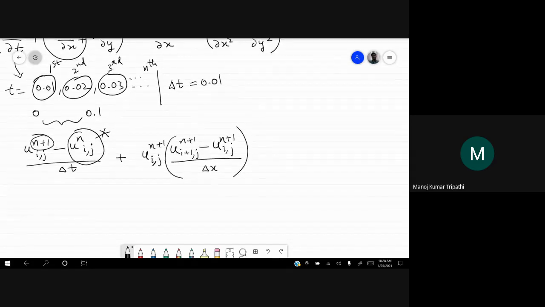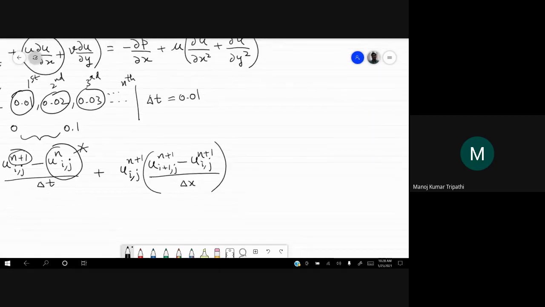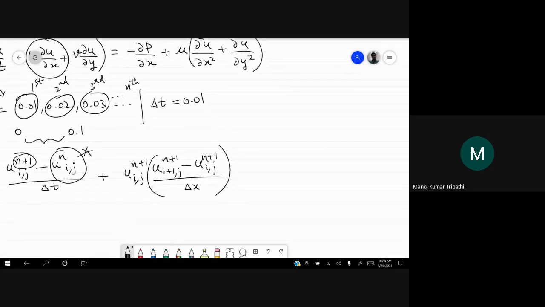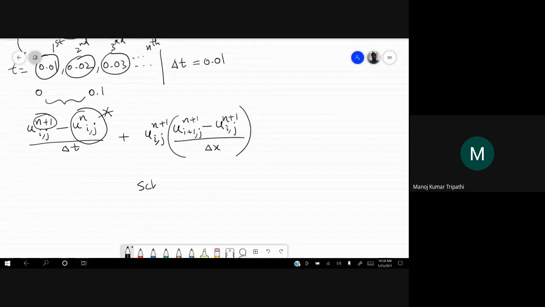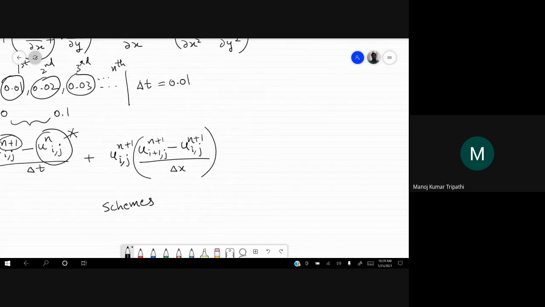And which one gives you the most accurate solution? Which one is most efficient? That you have to choose. These different ways of writing an equation are called different schemes also, and we'll talk about these schemes later on.